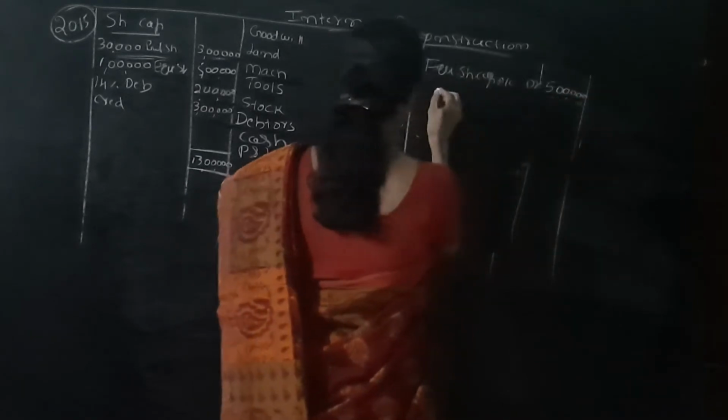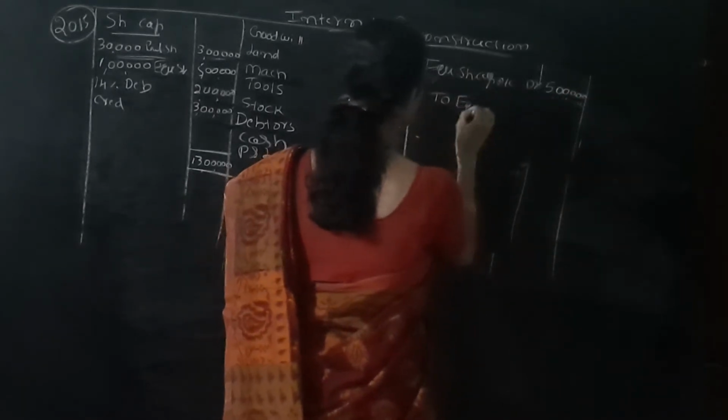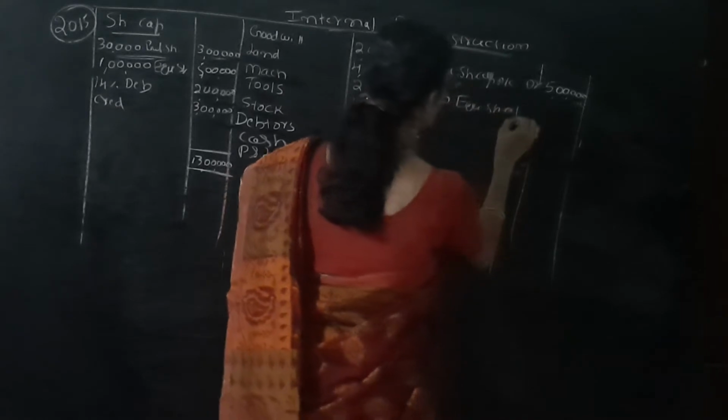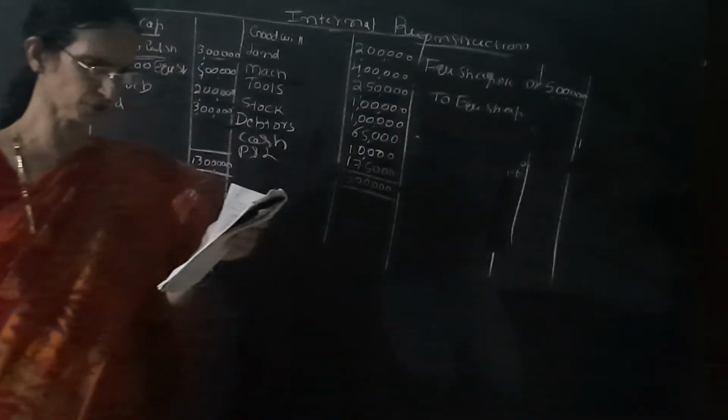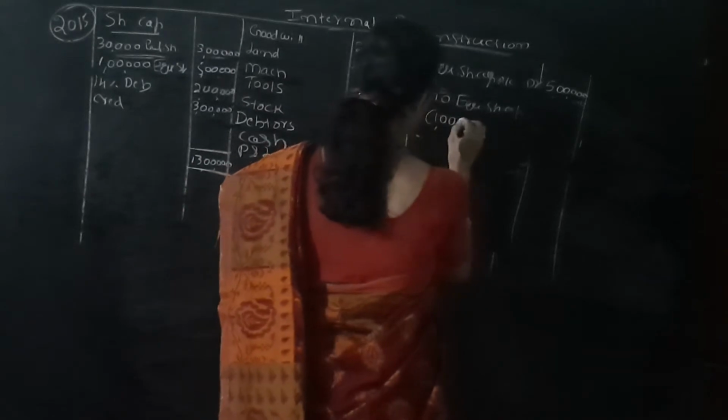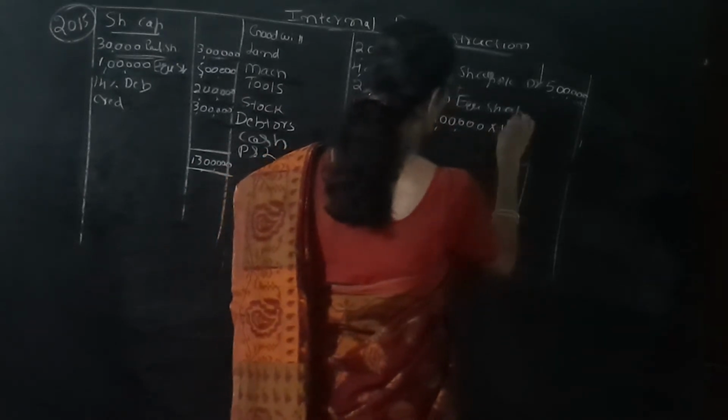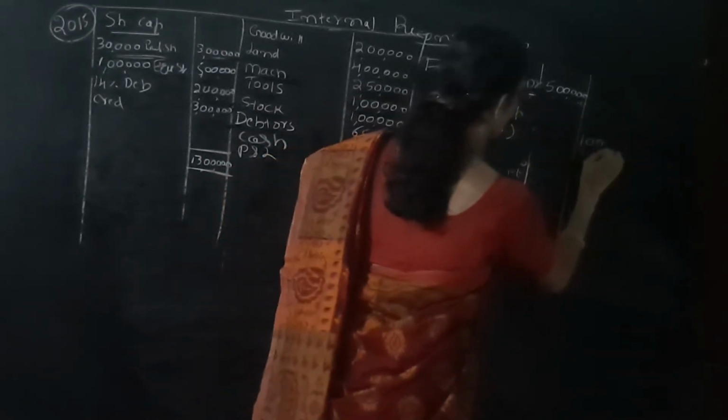Then we have to see how much it is reduced. To equity share capital, it is given that equity shares are to be reduced to shares of rupees 1 each. The number of shares is 1 lakh, and now it is reduced to 1 rupee. That means 1 lakh.